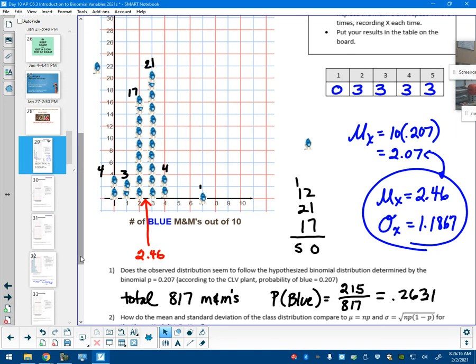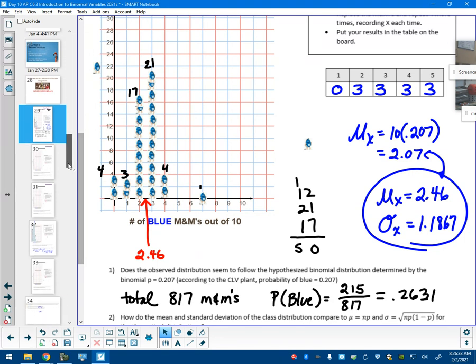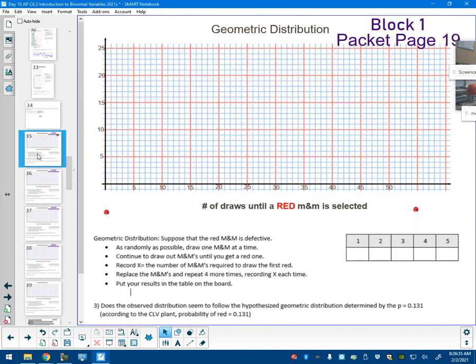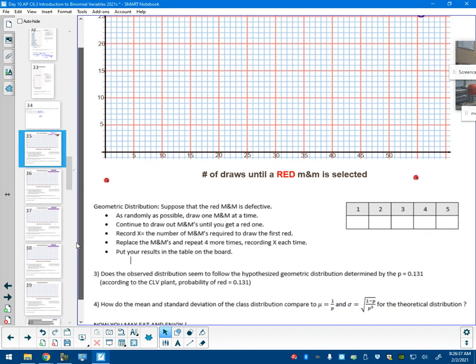All right? So now we're going to do page 19, which you didn't have to pull out of your binder. We're going to do the geometric one and see what a geometric distribution looks like.